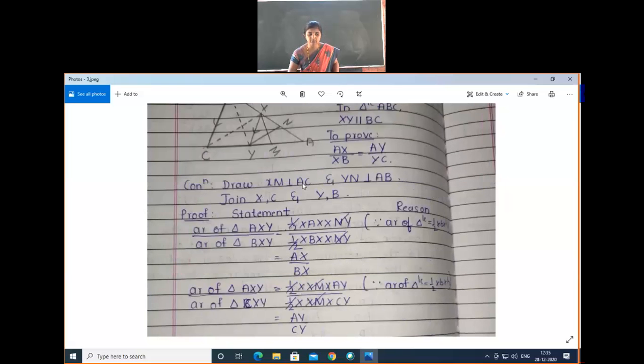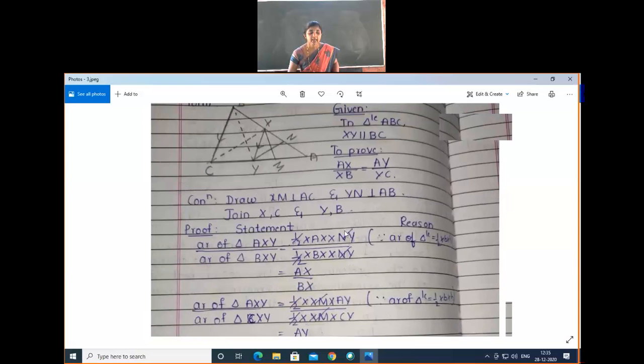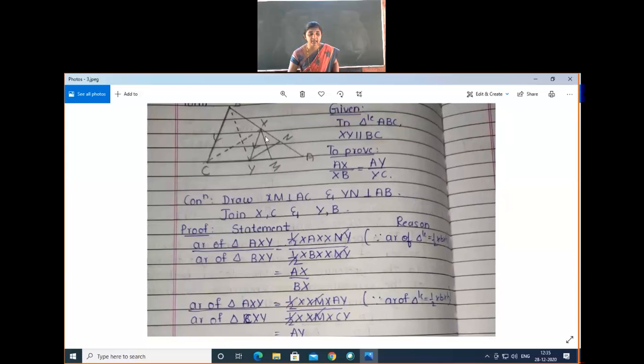The same concept we apply for one more ratio. We take the same triangle AXY in the beginning, and now the second triangle is CXY. Area of triangle AXY and area of triangle CXY.